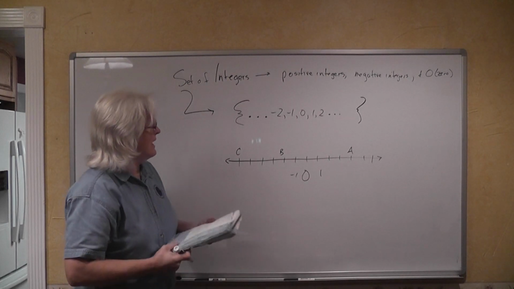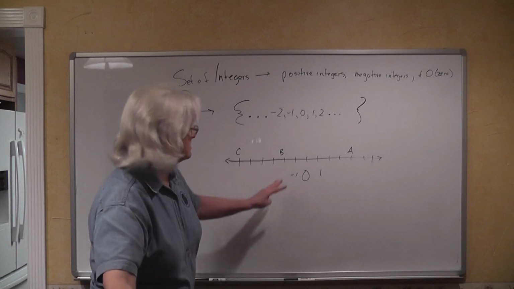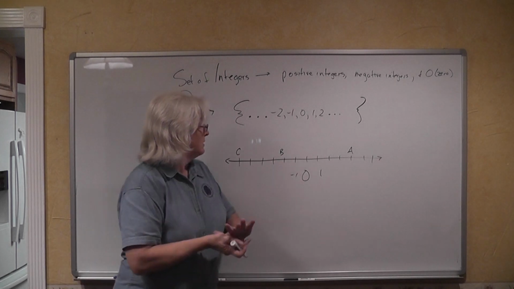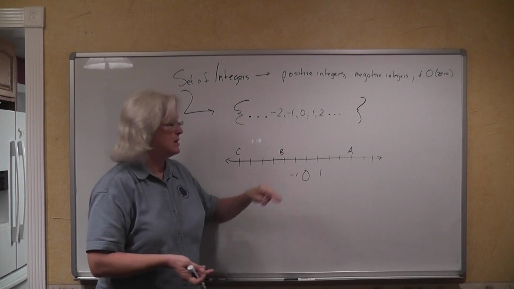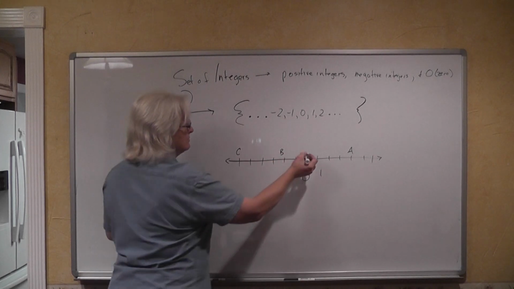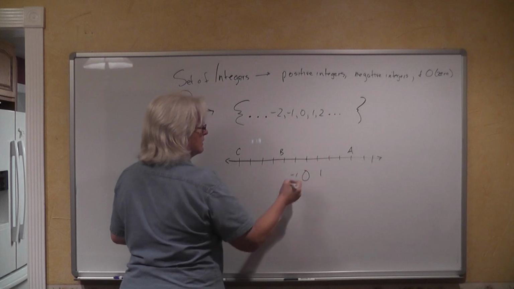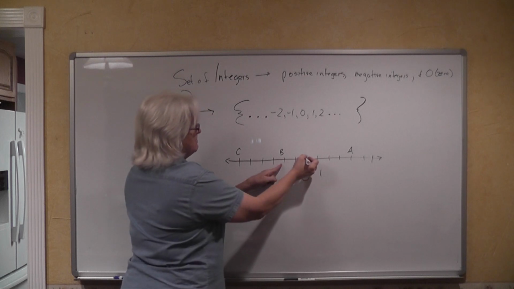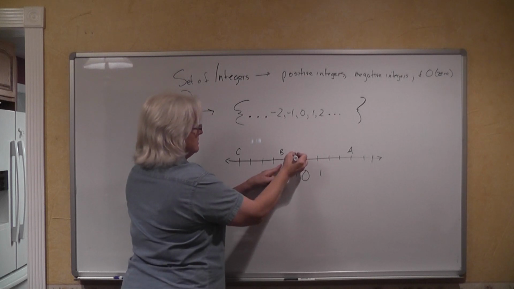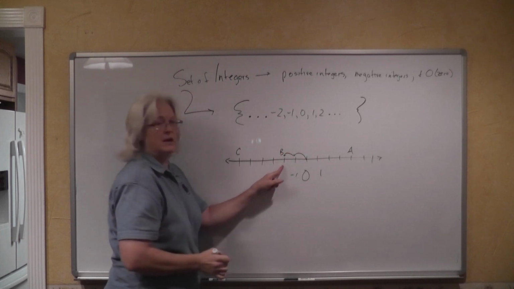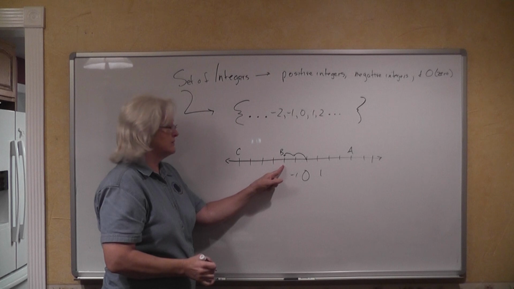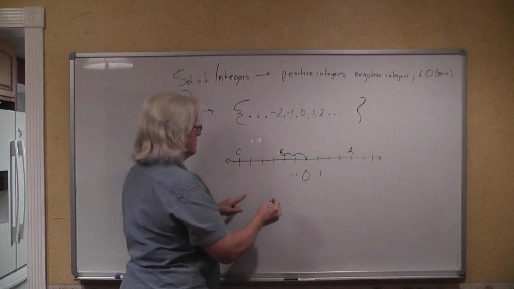Well, how are we going to determine the number that corresponds to these points? Well, we're going to look at 0 to begin with, and we're going to see that B is 1 unit or 1 space, 2 spaces to the left of 0 on the number line.